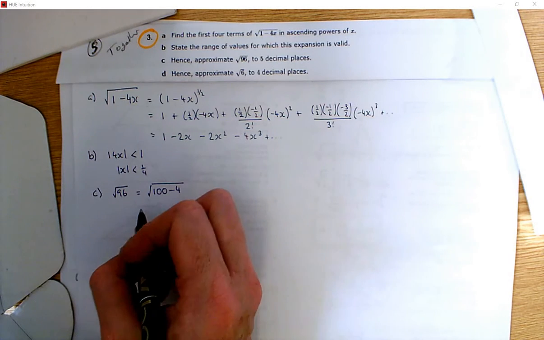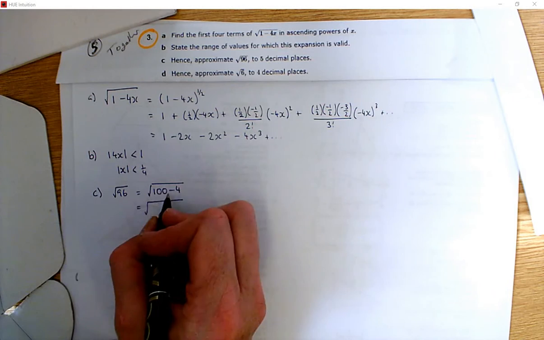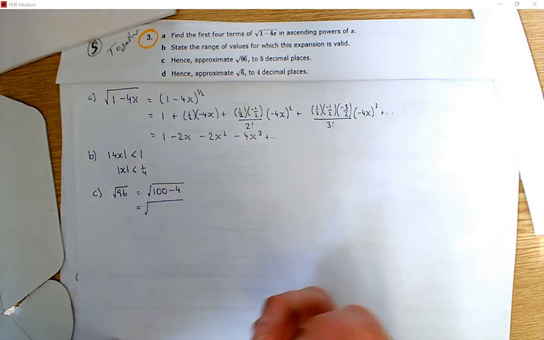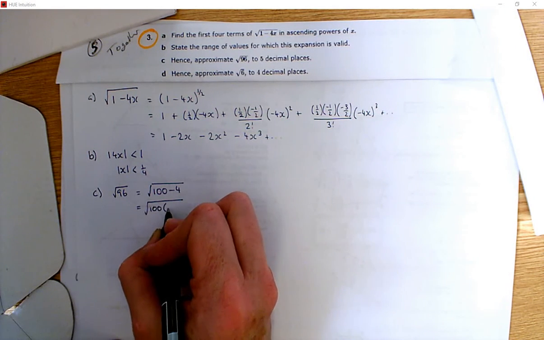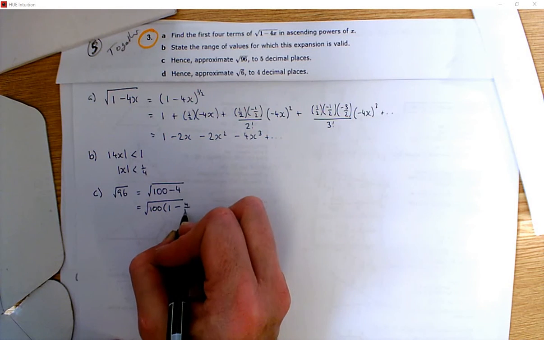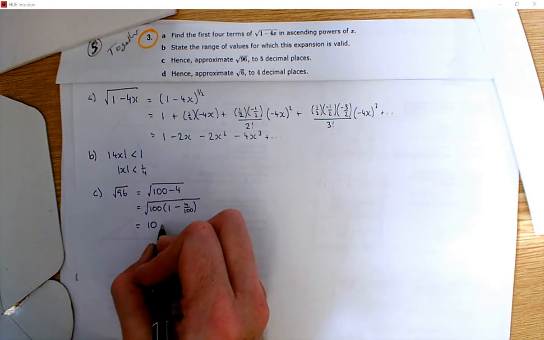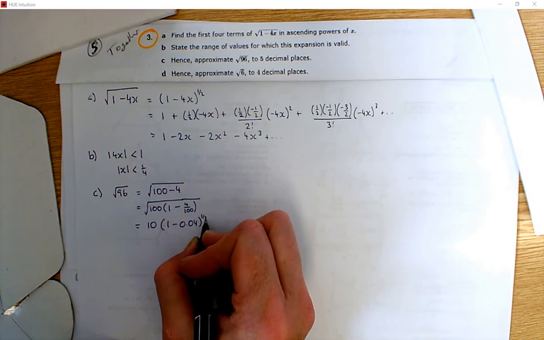So let's use the trick where we factorize out the number that we want to be 1. So we're going to force ourselves to have a 1 inside the brackets. So we take 100 and then we'll have 1 minus 4 over 100. So that gives us 10 times (1 minus 0.04) to the power of a half.